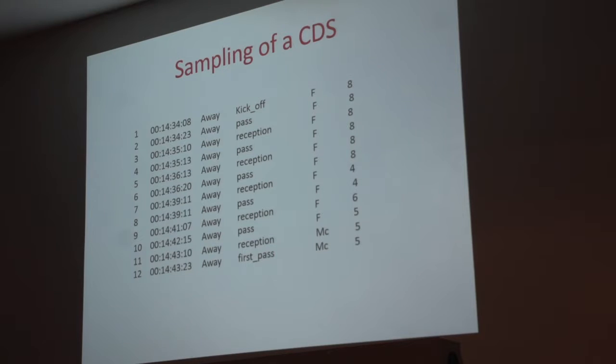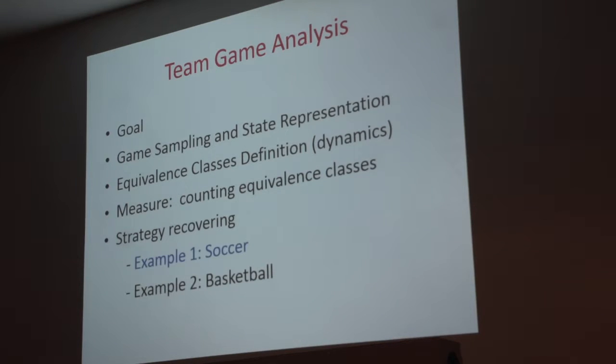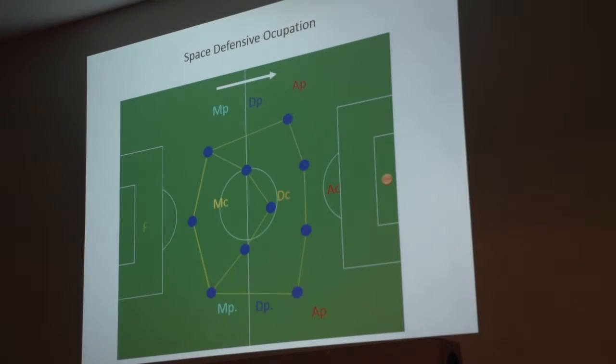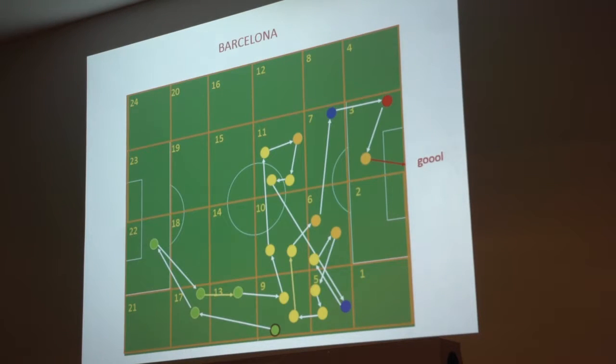Next, please. Next. Let's see an example based on this measure. This is Barcelona playing against Celtic. You can see an example here. There is a goal of Barcelona here. This is a notation.